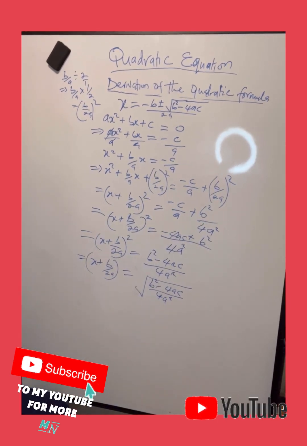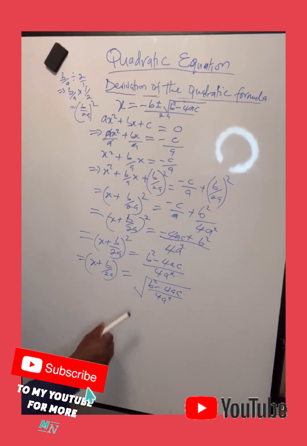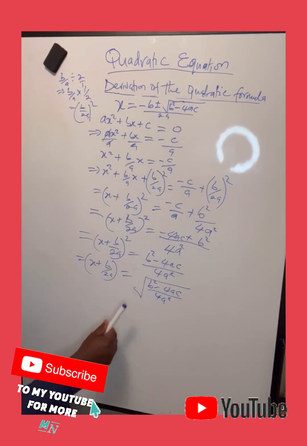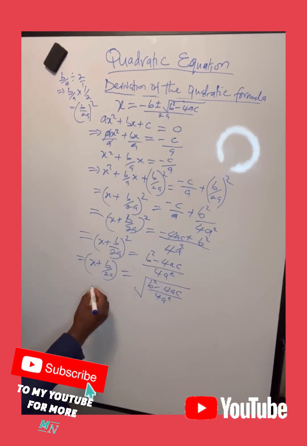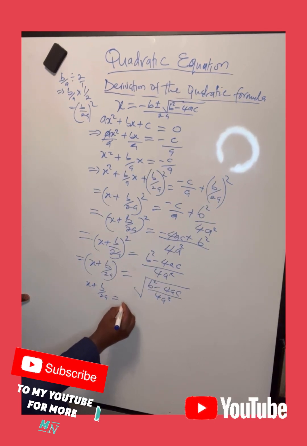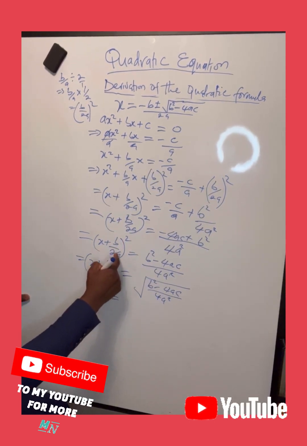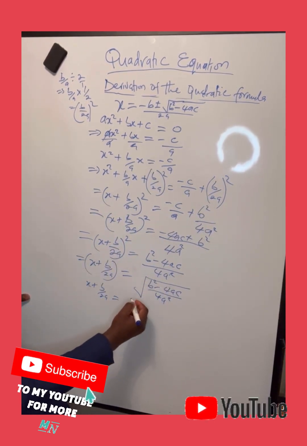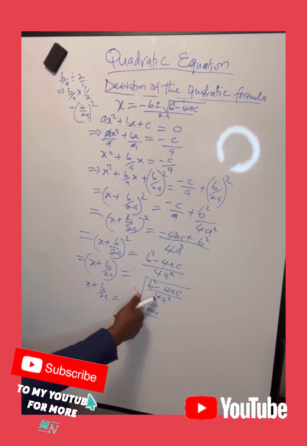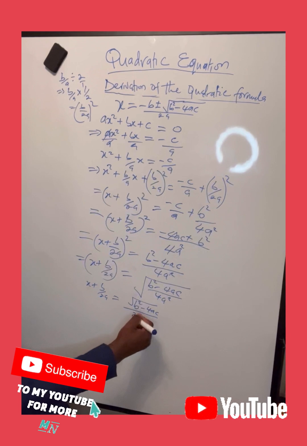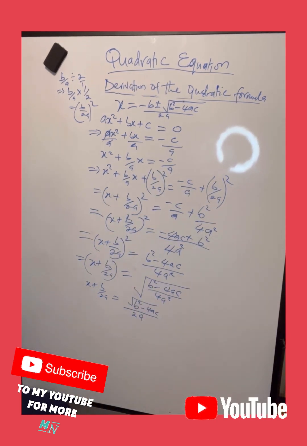I'm going to get the square root of 4a squared, then move the square root up to b squared minus 4ac, because I can't get the square root of all this. So x plus b over 2a is equal to b squared minus 4ac divided by the square root of 4, which is 2, and the square root of a squared, which is a.